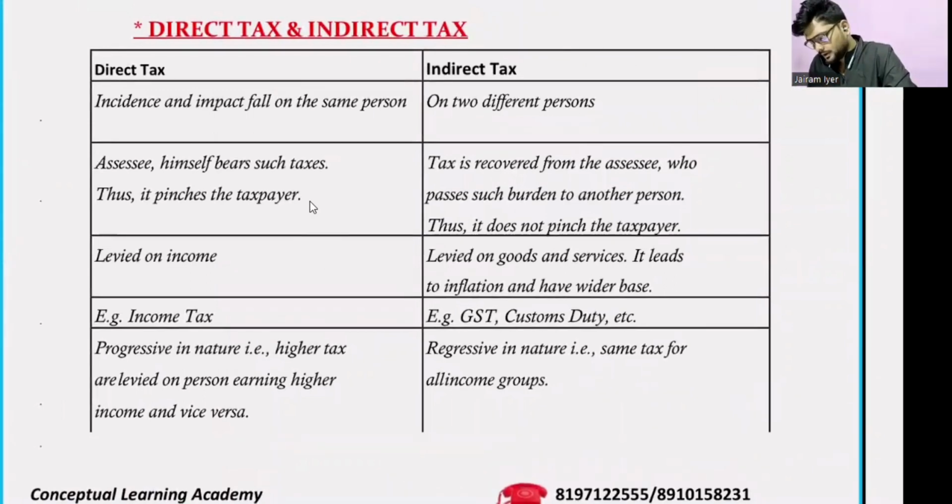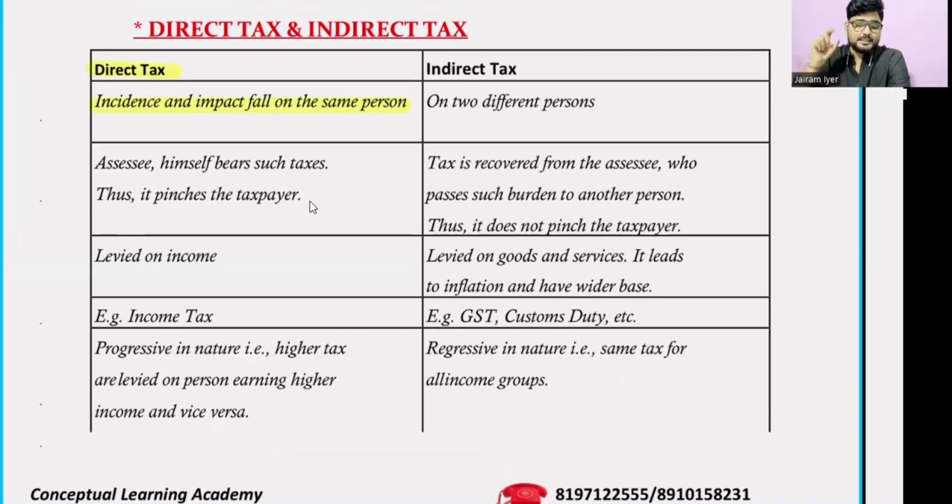See what they're saying in the direct tax: incidence and impact fall on the same person. Correct? That's what we discussed right now. If I, Shivam, or Lakshman, or Monisha, or Murli, or Ruchi, or Sanjana, if you are earning the income, no one else is going to pay the tax for you.